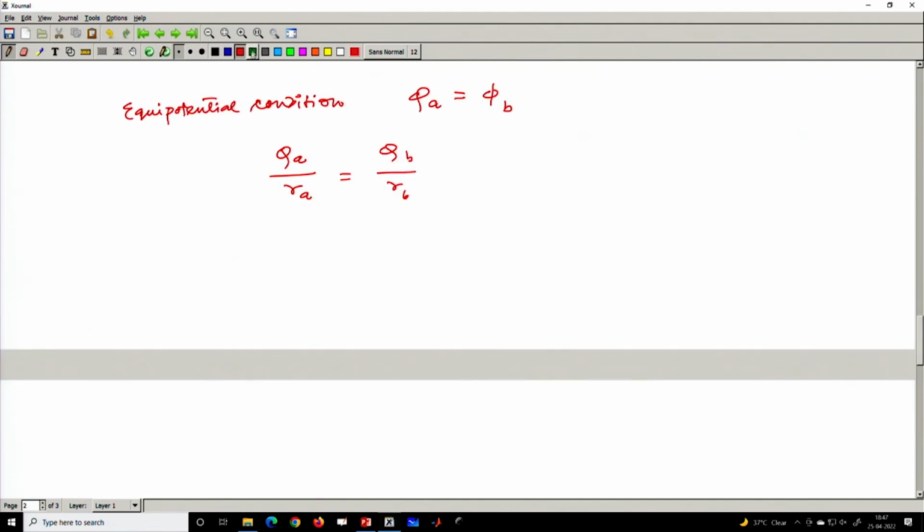So, I should have a surface charge density sigma, and that is Q divided by 4 pi r square in general.